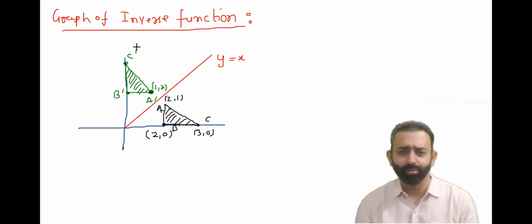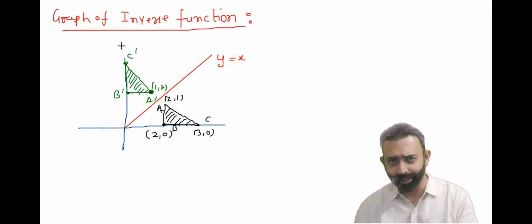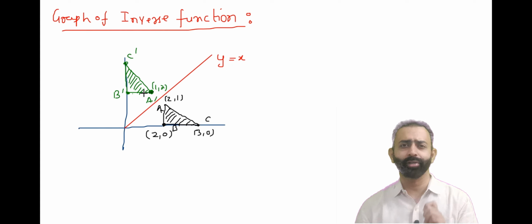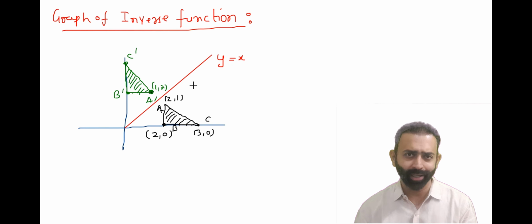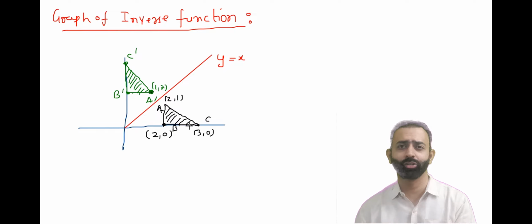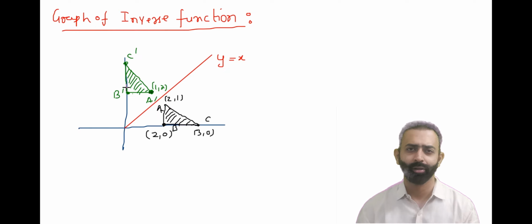And how can I draw this? I know already that if I take the reflection of any point along y = x, the coordinates interchange, meaning the coordinates of point A (2, 1) become (1, 2), and coordinates of C (3, 0) become (0, 3), and so on.